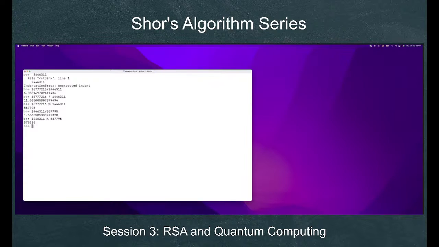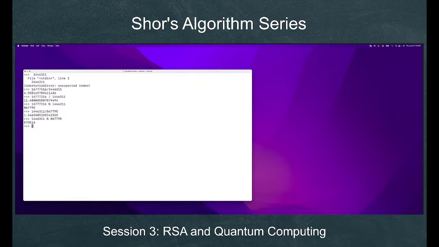According to this, d prime is equal to 25. Now that we have d prime, we can use d prime, or 25, to decrypt our message. Our message is 794, raised to the 25 modulo 3127, which gives our original message.